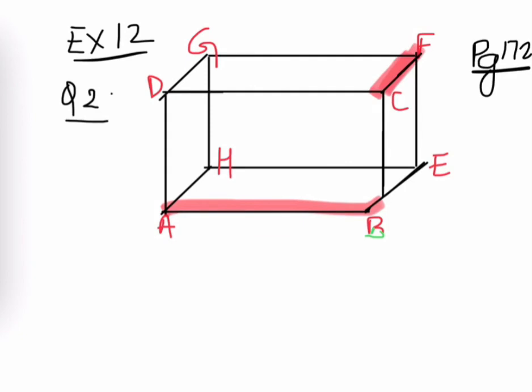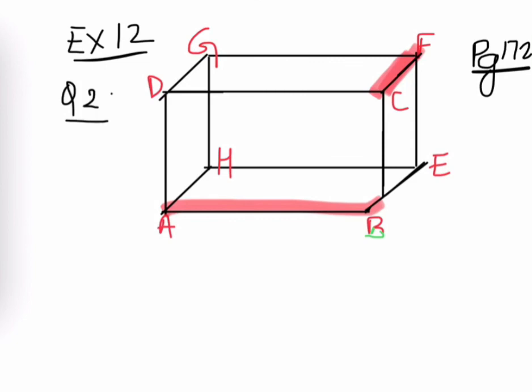Students, they will not meet each other, but they are not part of the same plane. Even if we draw lines, we cannot make them lie in the same plane. We cannot do that. So they are not part of the same plane.